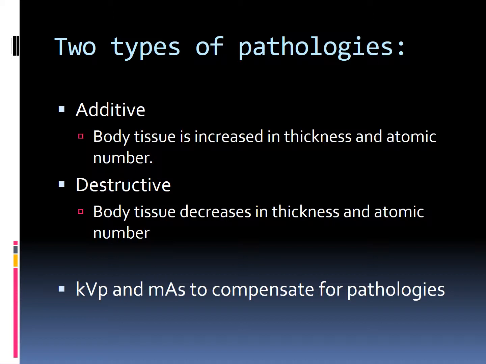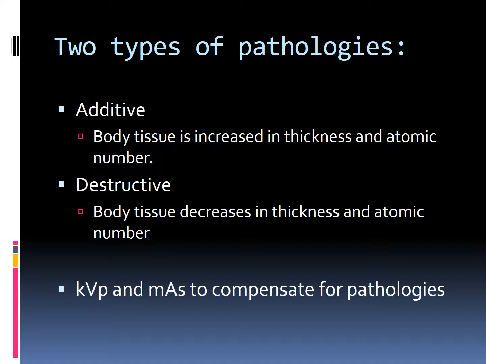Your text does give you some examples for those, and it talks about how much you need to decrease your technique. Now, I do understand that in the digital world some of this is taken care of within the system. The algorithms will take care of it. But all of our kVp choices still stand even in digital. We should still select the kVp that's proper to penetrate the part and adjust the mAs to give us the overall proper exposure.